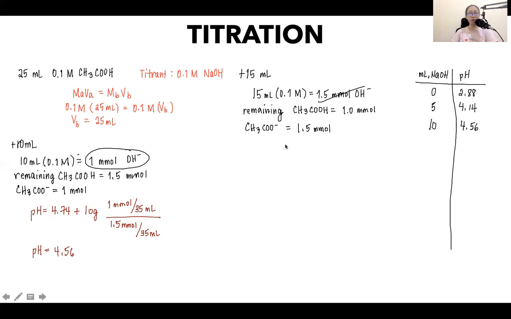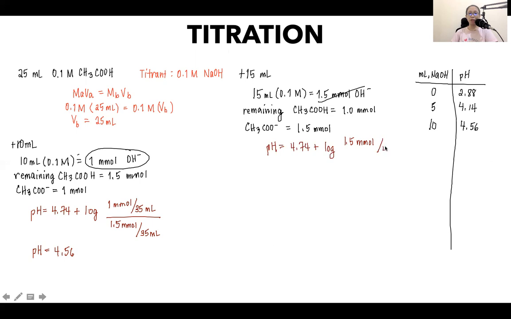Again, we have the conjugate base and the weak acid still present, so we can use the Henderson-Hasselbalch equation. So pH equals 4.74 plus logarithm of 1.5 millimole divided by the total volume, which is now what? 15 ml plus 25.